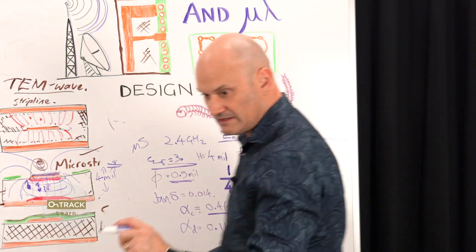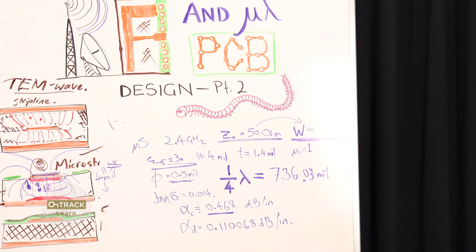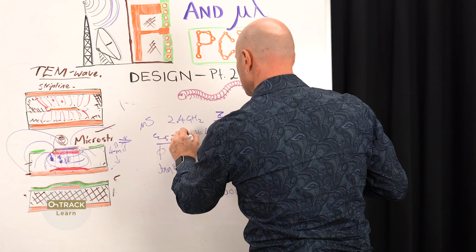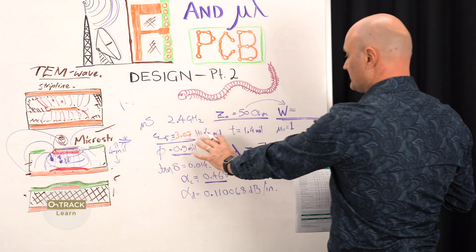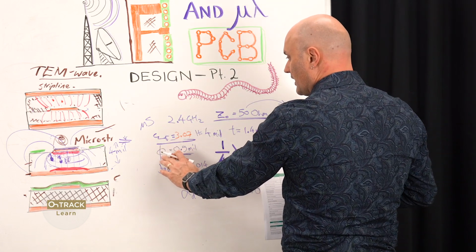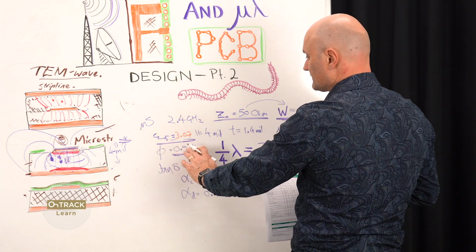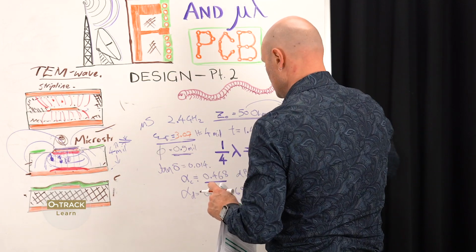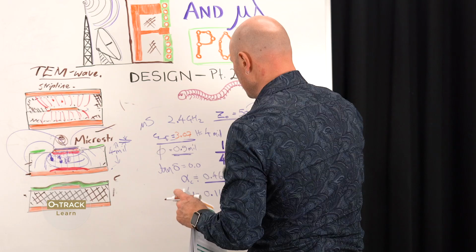Maybe I should do a different color here, just so we see the contrast. 3.07. All the dimensions stay the same. The copper surface roughness stays the same. tan D is the other thing that changes.